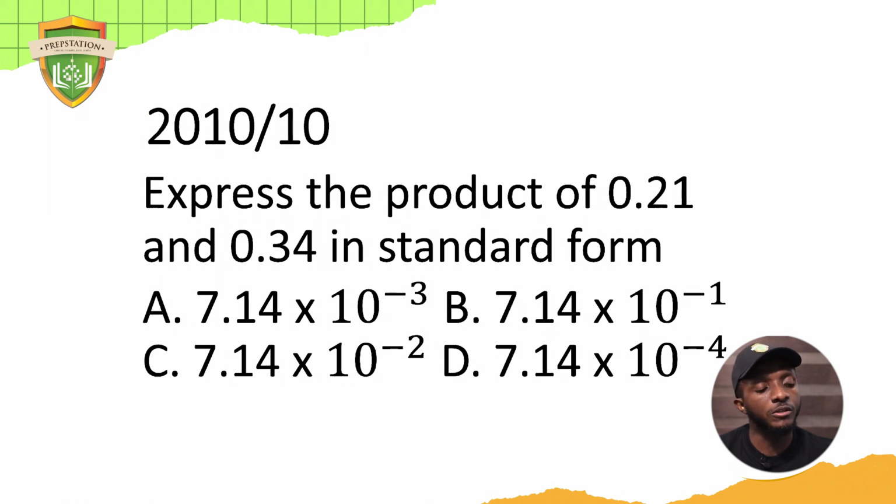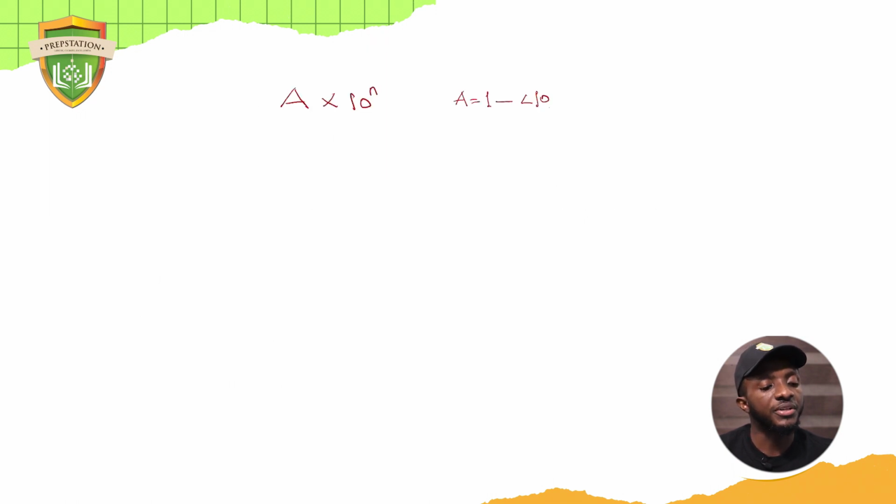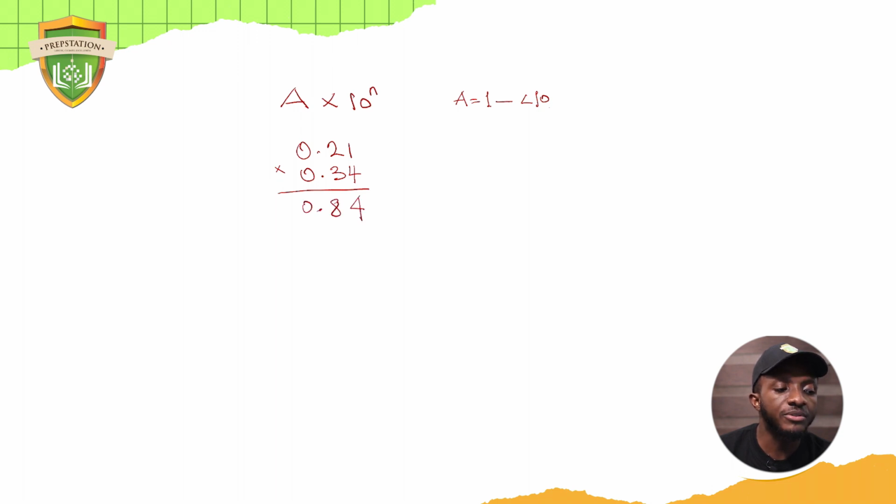So as we go back to the question, product in math means multiplication. So 0.21 times 0.34. Now let's go. 4 times 1 is 4. 4 times 2 is 8. 4 times 0 is 0. 3 times 1 is 3. 3 times 2 is 6.